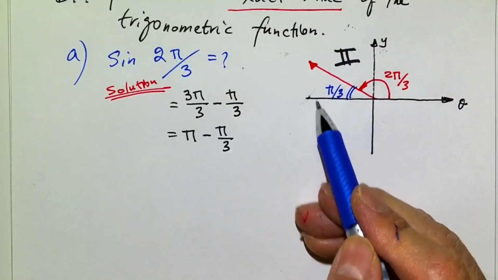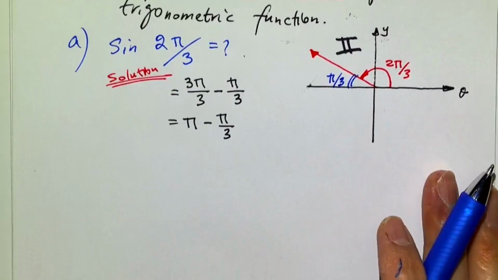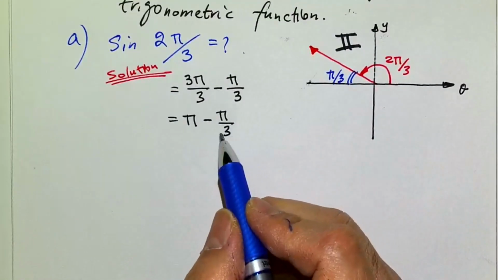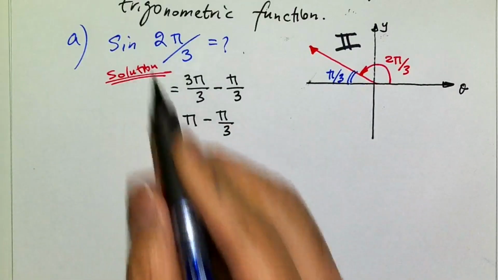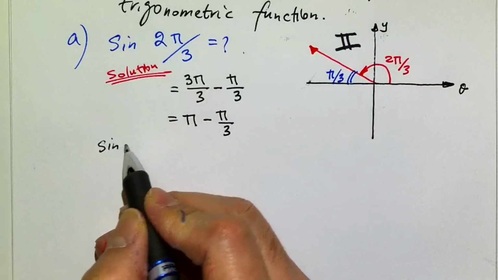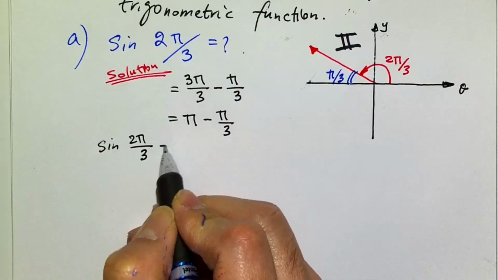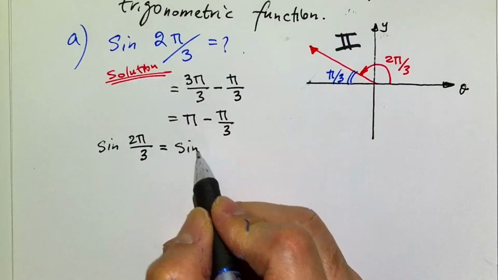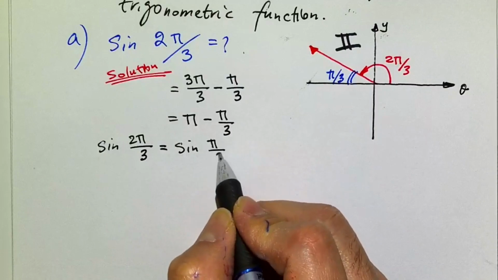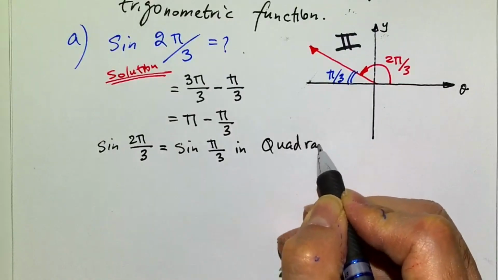We went pi, and then we went back pi over 3. So that's our reference number. So we can easily calculate this. We can say that sine of 2 pi over 3 is equal to sine of pi over 3 in quadrant 2.